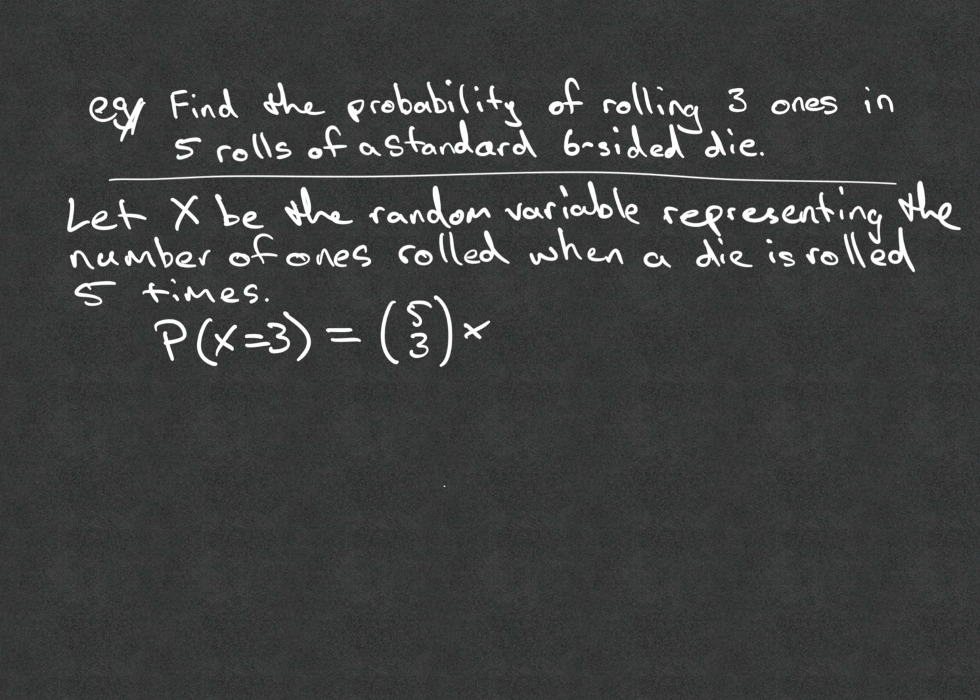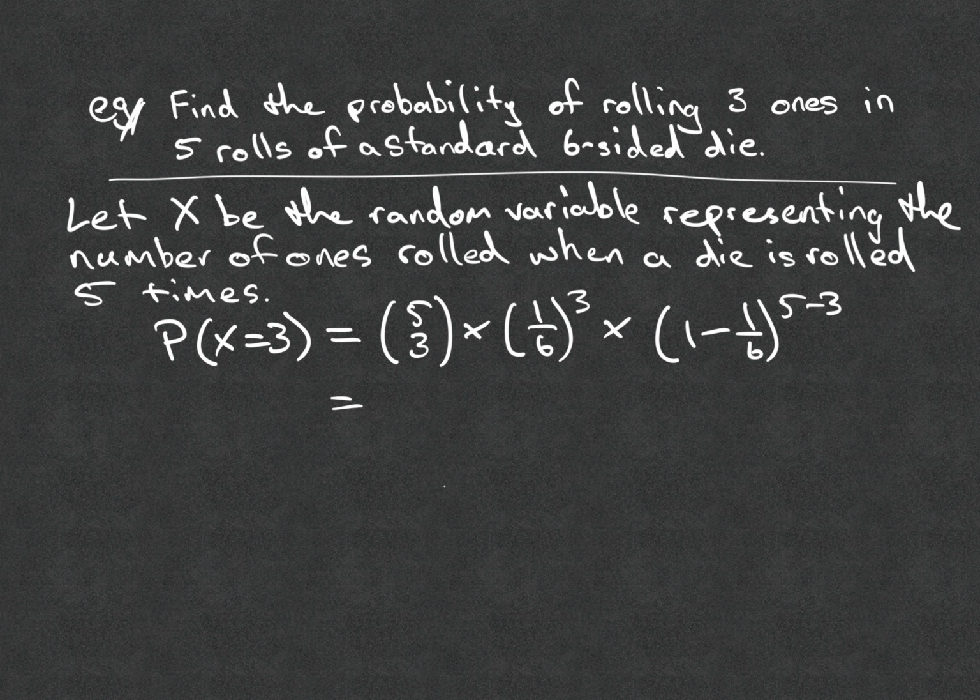We're going to multiply that by 1/6 to the power 3. That's our probability of success, 1/6, and we want 3 of those. And we're then going to multiply that by 1 minus 1/6 to the power 5 minus 3. So that's the other outcomes, the failures, which can happen 2 times.